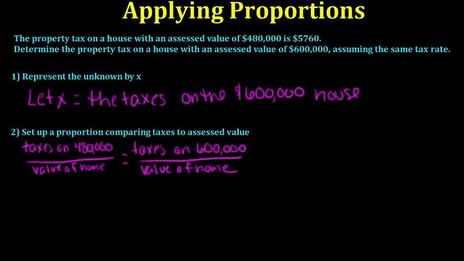So our proportion will be the taxes on $480,000 over the value of that home is equal to the taxes on $600,000 over the value of that home. Plug in the numbers from there.